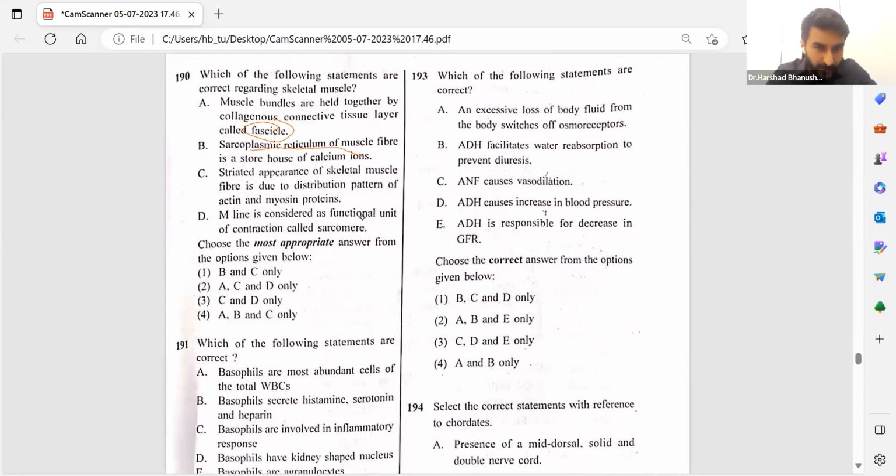Mind you, fascia is the cover. Sarcoplasmic reticulum of the muscle fiber is a storehouse of calcium. That's correct. Striated appearance of skeletal muscle is due to distribution of actin myosin. That's correct. M line is the functional unit. That's incorrect. So B and C are the correct statements. We will mark option number 1.